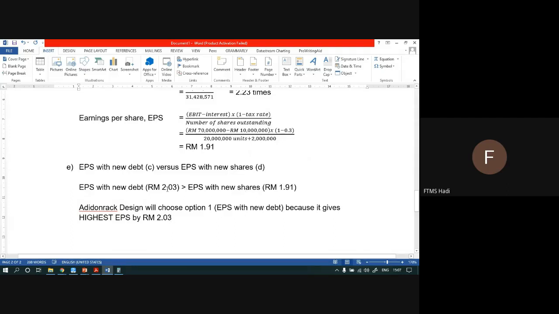You look at the highest one, RM 2.03. Is it option 1 or option 2? In this case, option 1 is better than option 2. EPS with new debt is better than EPS with new shares, because it gives the highest EPS of 2.03.